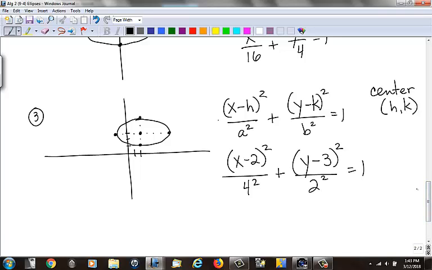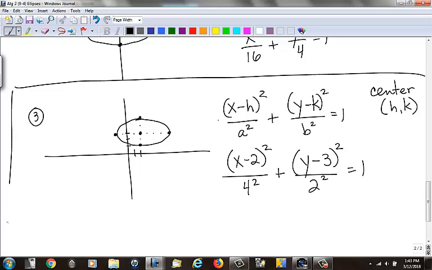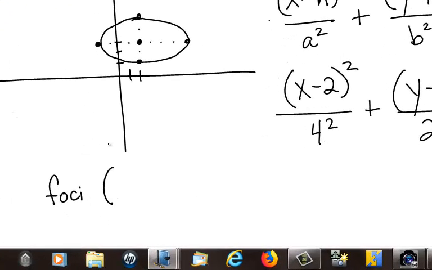Now I do want to give you, because they're going to have you calculate some other things in this. If you're going horizontally for your major axis off center, if they ask you for the foci, let's put all of this in a box. The foci is the ordered pair h plus or minus c, comma k.